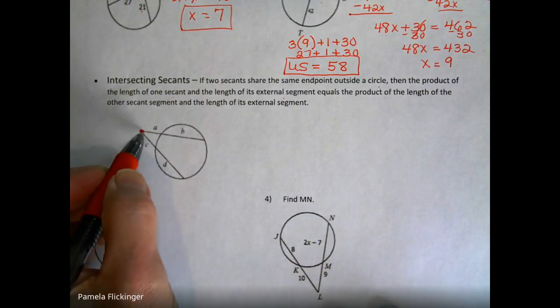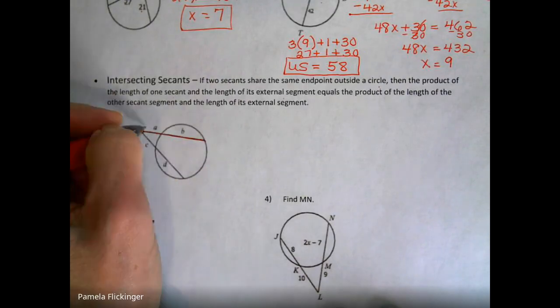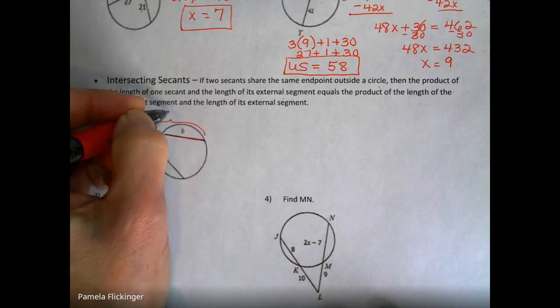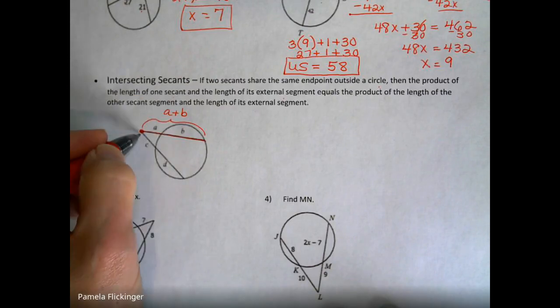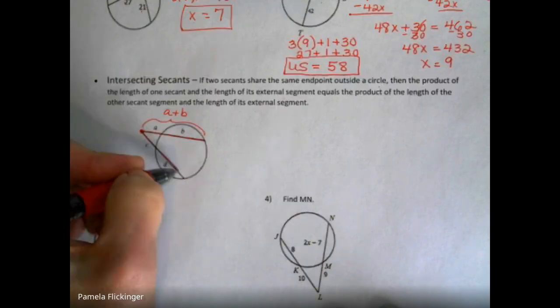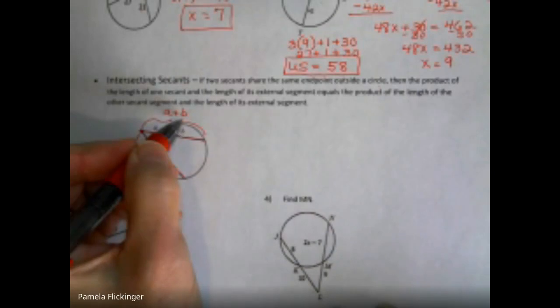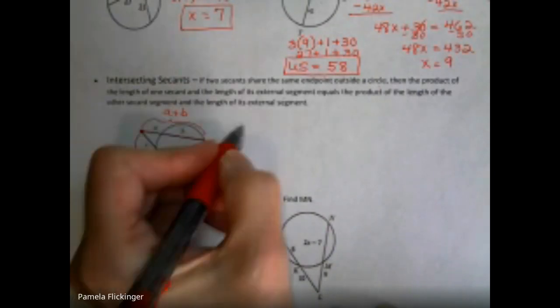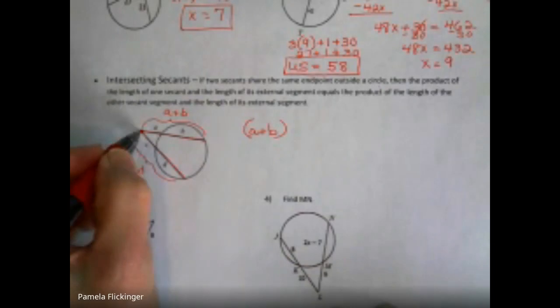So we've got this secant segment, which together would be A plus B. And then we have another secant segment. Put those two parts together, we get C plus D. The rule says it's the whole segment, A plus B, times the external part.